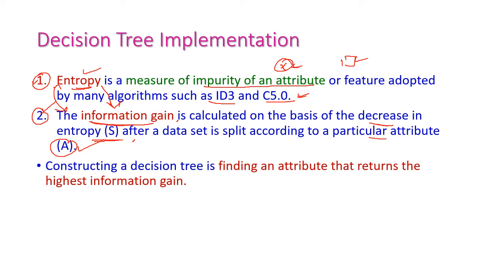Entropy is impurity of attribute; information gain will give the highest value. If the information gain is more, we can select that particular attribute. So constructing a decision tree is finding an attribute that returns highest information gain. Then we can select this attribute for splitting the data.